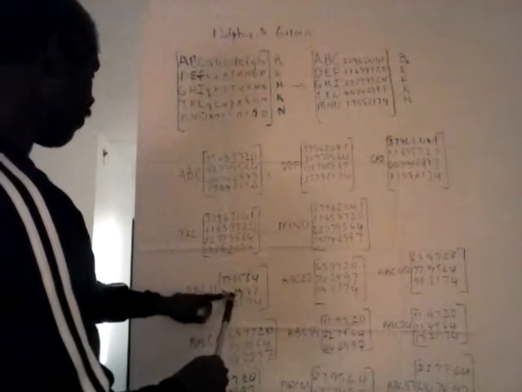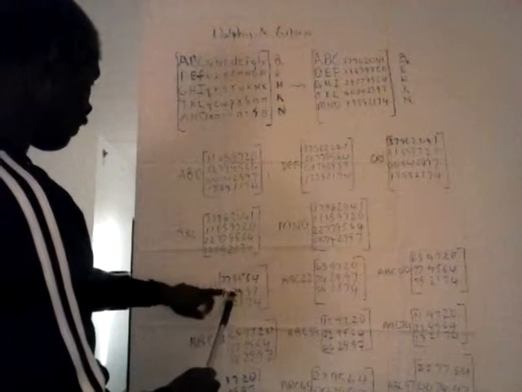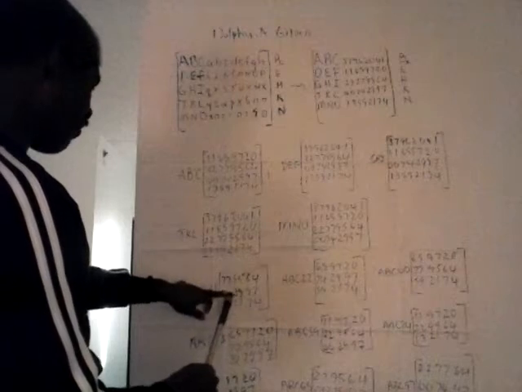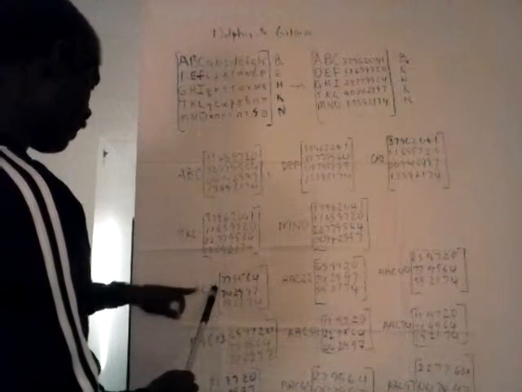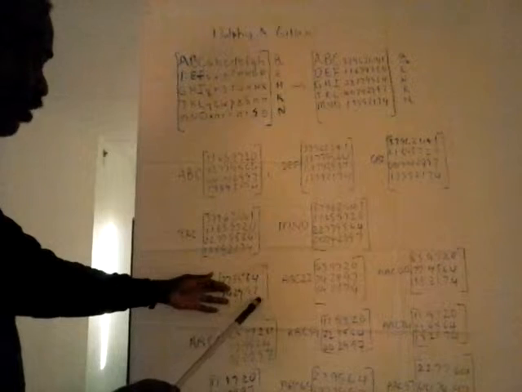And then the next output would be ABC 11, 74, 95, 74, ABC 11, 74, 64, 21, ABC 11, 74, 74, 95, and ABC 11, 74, 21, 64. That's the methodology.